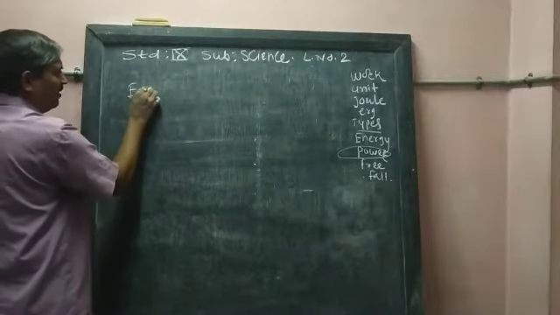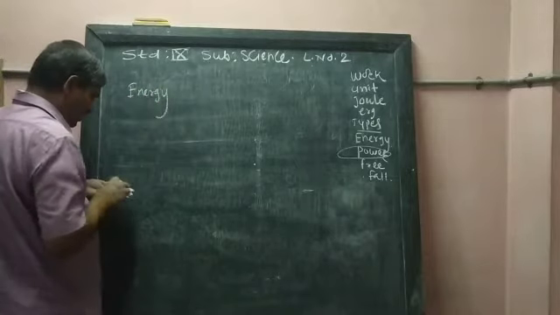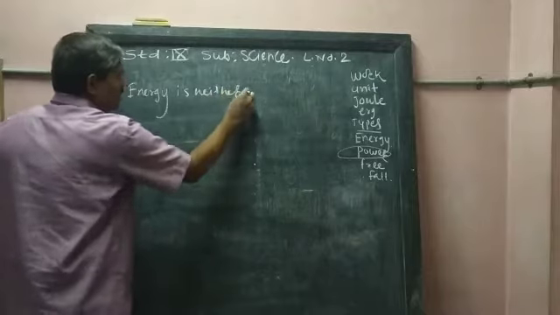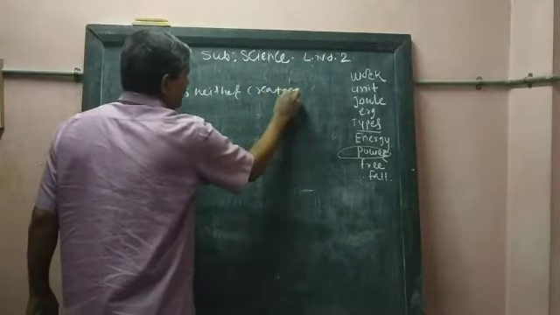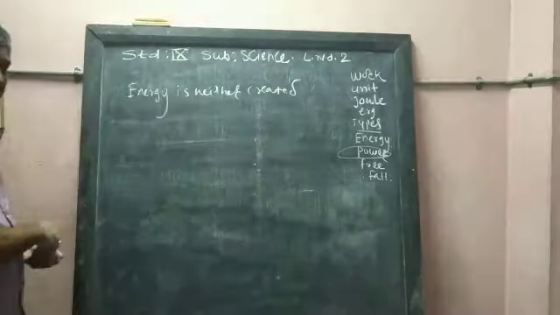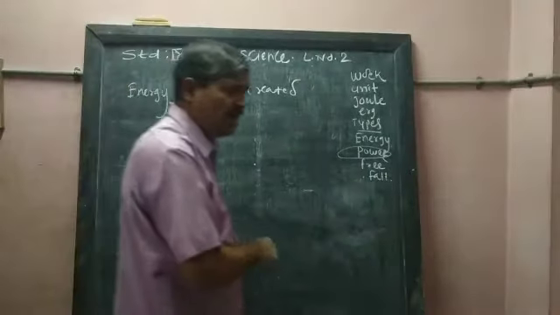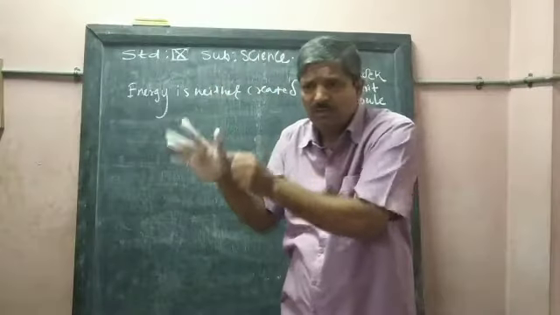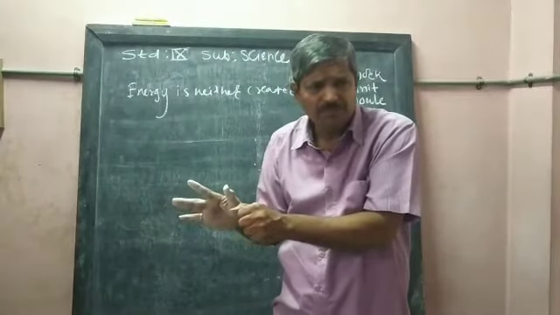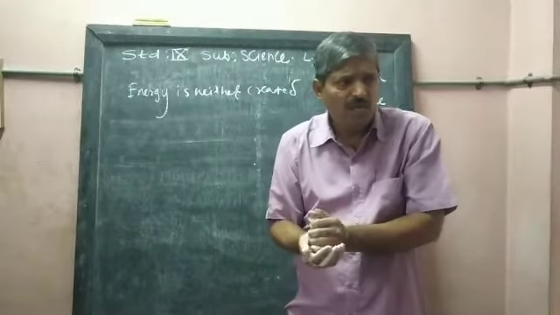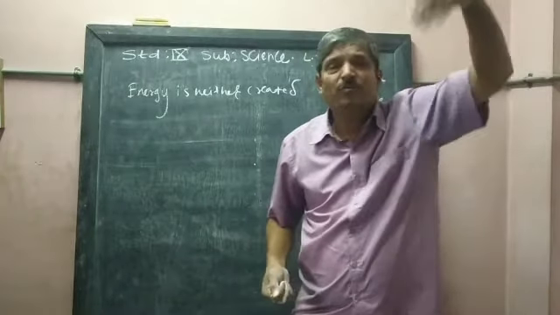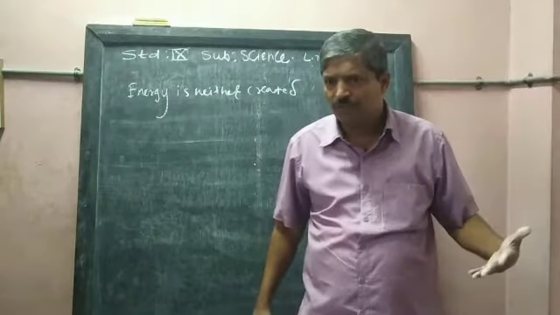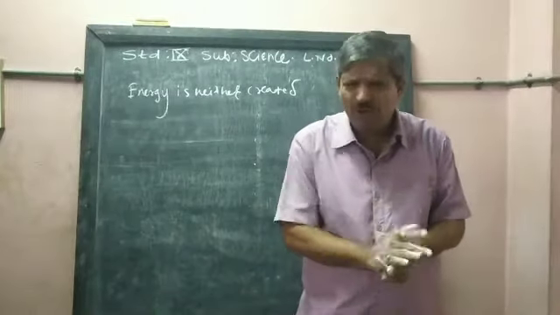I am writing here, energy is neither created. If we do not create it, but there is energy, can we stop the solar energy? Can we hide the sun? No, we can't hide it. Can we destroy all the water stored in the dam or in the ocean because of rainfall?